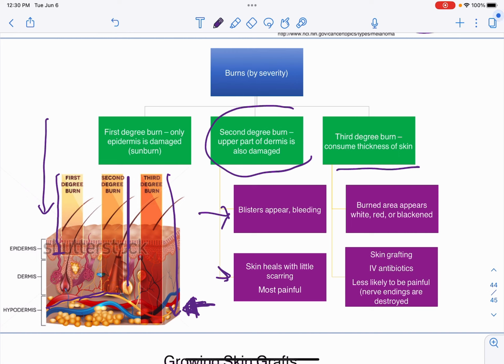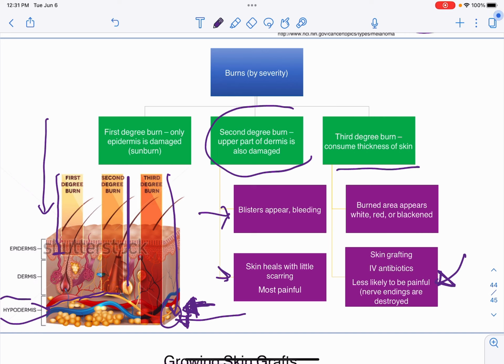Since you have damaged the hypodermis region, you have pretty much killed these nerves. They are not sending signals to the brain anymore. So although these burns are very dangerous and can be very problematic, they are less likely to be painful because the nerve endings have been destroyed.